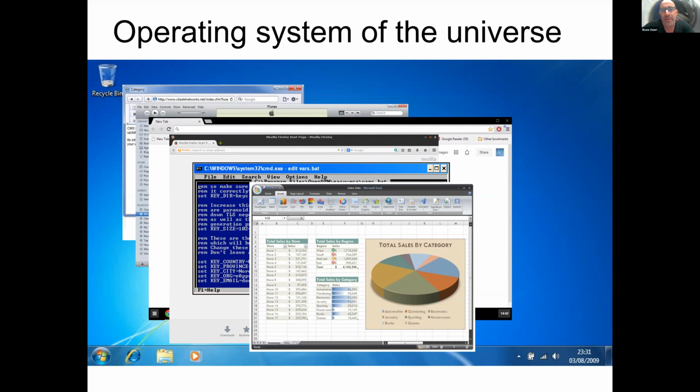And what we do as physicists is try to find the operating system of the universe. We're trying to find the smallest group of laws that really dictate the behavior of any phenomena in the universe.